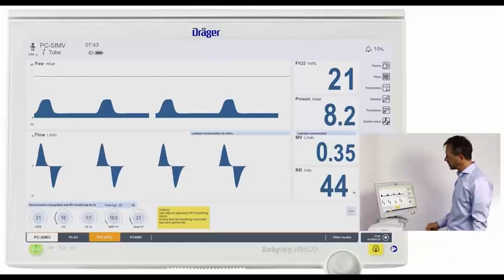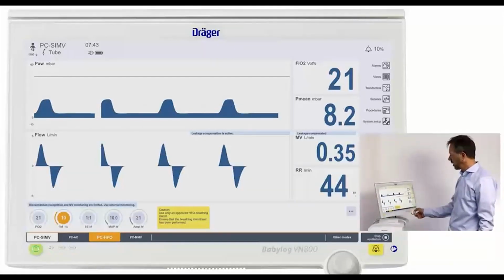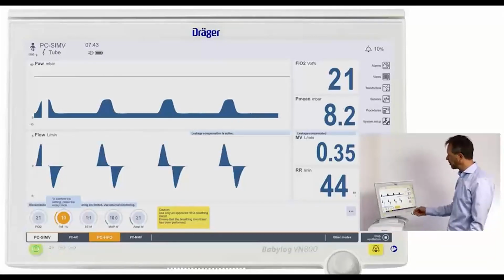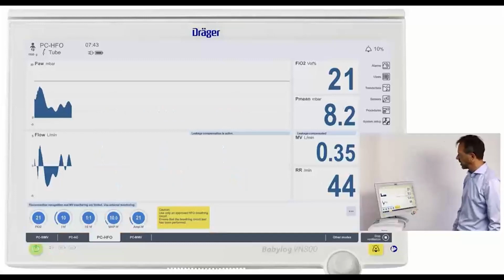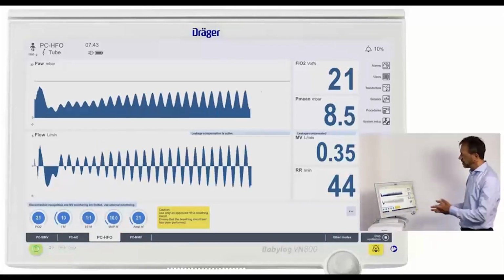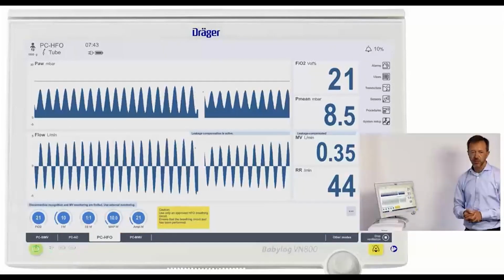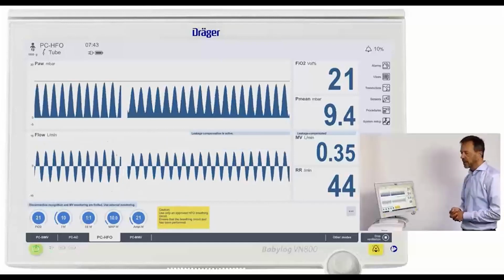Now you will see the pre-settings for high frequency oscillation. We can pre-adjust parameters like, for example, the frequency, but we stay for the moment at 10 Hertz as a starting point. We confirm this selection of the mode with the rotary knob, and immediately you see that the ventilator starts with the high frequency oscillation.